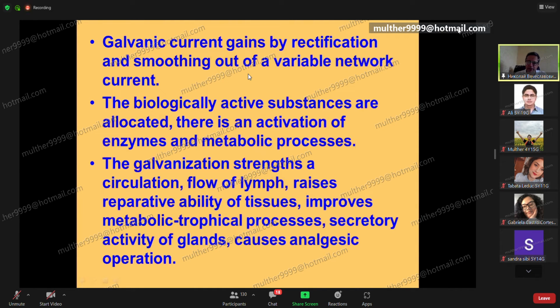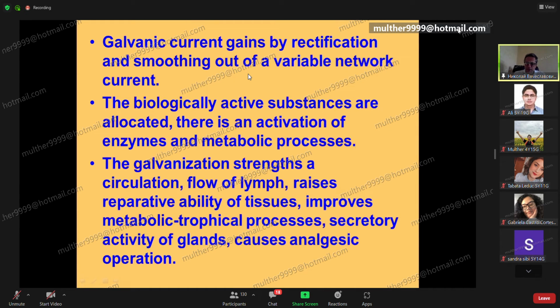Which effects of galvanic current or galvanization can we achieve? This current is gained by rectification and smoothing out of a variable network current. This current stimulates biologically active substances, allocation, activation of enzymes, metabolic processes.